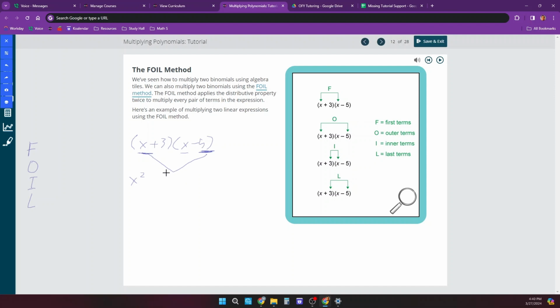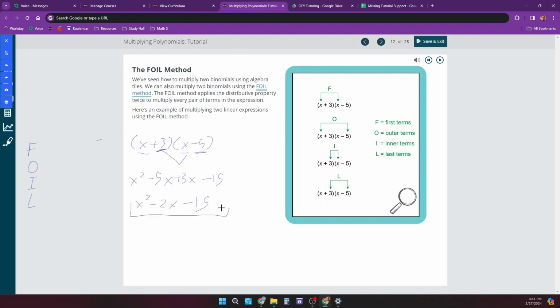So that would be -5x. Then we multiply our inner terms, the two terms that are on the inner part of the binomial multiplication. So that would be 3 and x, so 3x. And then we multiply our last terms in each binomial. So that being 3 and -5, so -15, which you could then simplify and add. So that'd be x squared minus 2x minus 15.